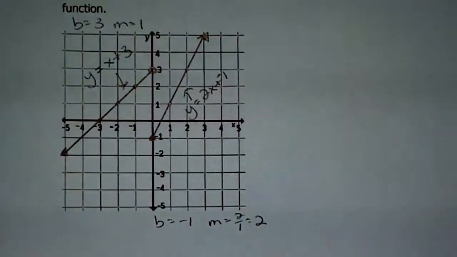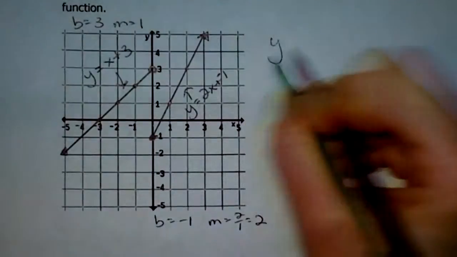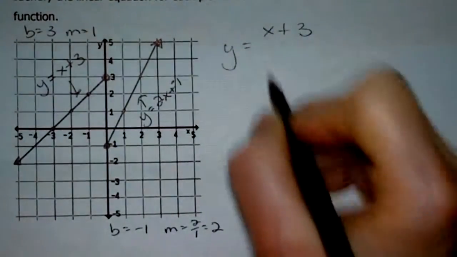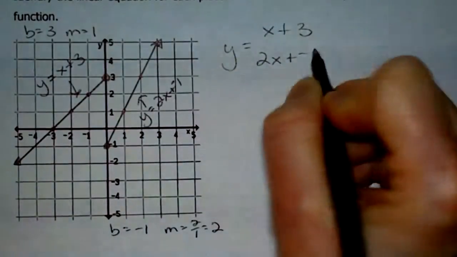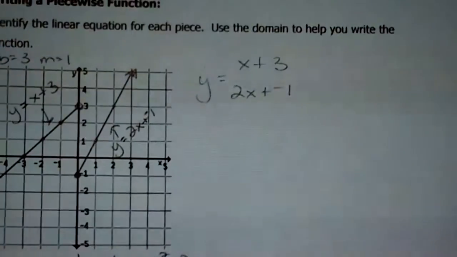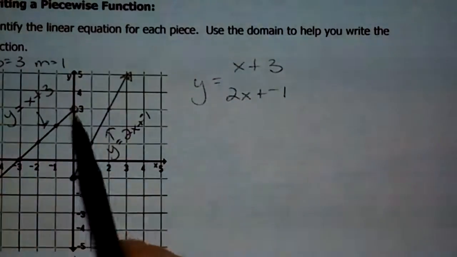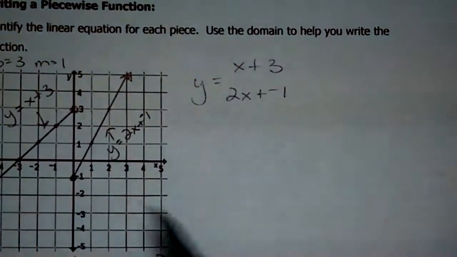So right now we're almost there. We can say y equals, and we're going to have our x plus 3, or 2x plus -1. So far so good. And now we have to put those domains with it. Alright, so y equals x plus 3 when what?